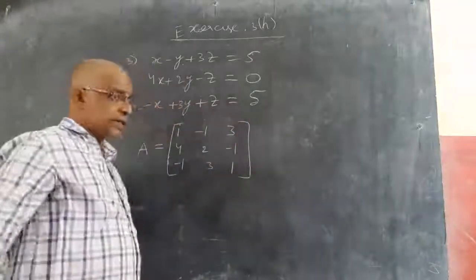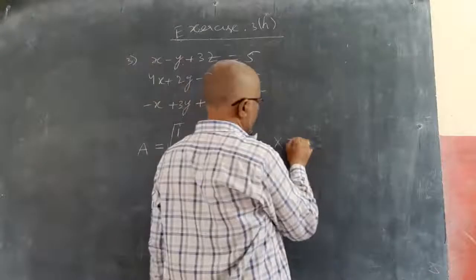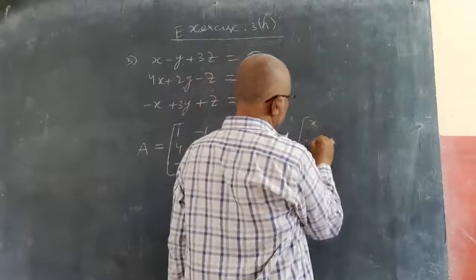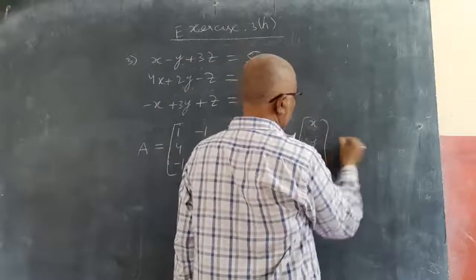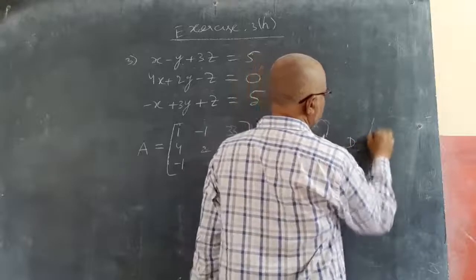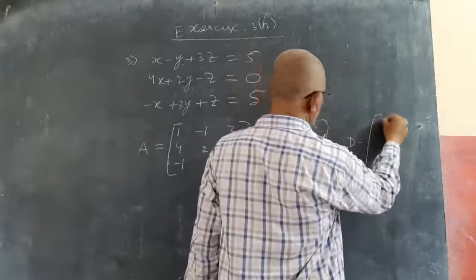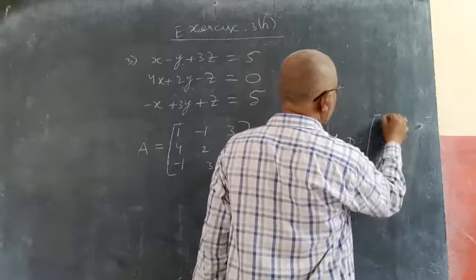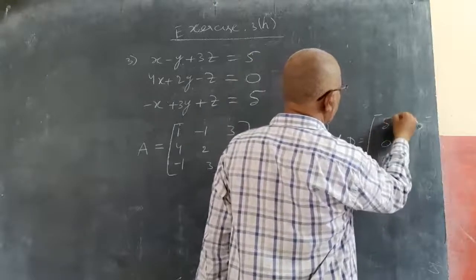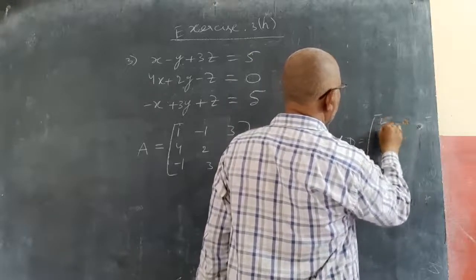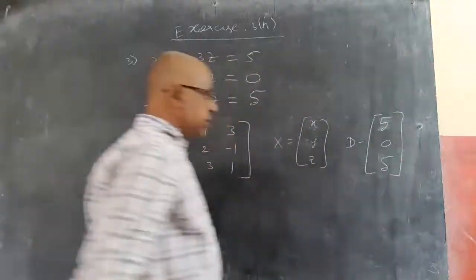This is the coefficient matrix. X is always the variable matrix x, y, z. And D is the constant matrix. So D is equal to 5, 0, 5.